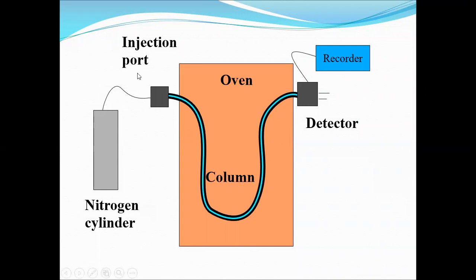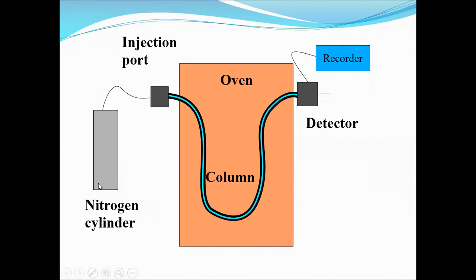Here we have the injection port, which is for the sample injection. And this whole part is the column, which consists of the stationary phase, and this is maintained at a constant temperature by the oven. And the detector detects whatever compounds are getting separated. And the recorder will record the chromatogram.